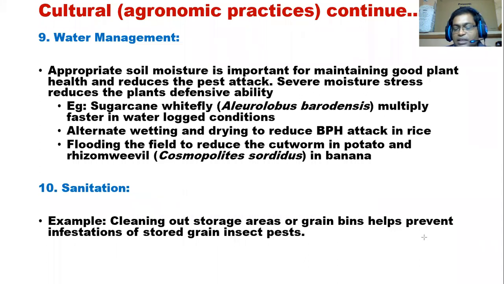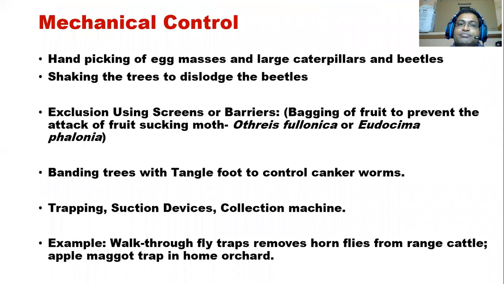The next one is mechanical control. Mechanical control means you are going to use machines or man-made devices, or the human is directly going to remove the pest.